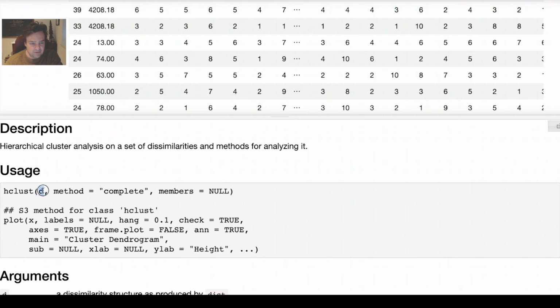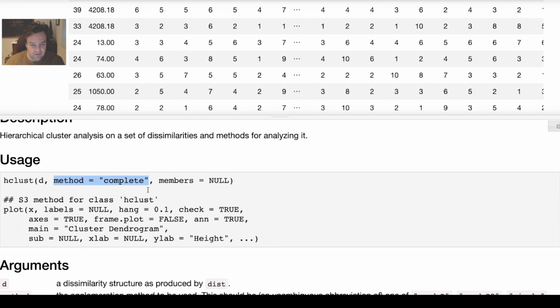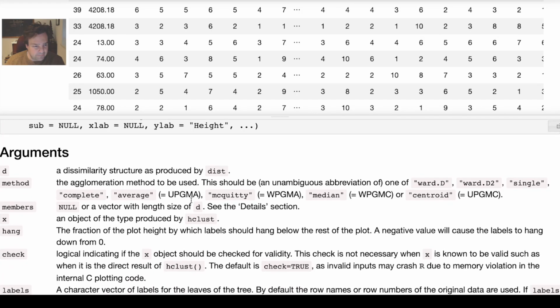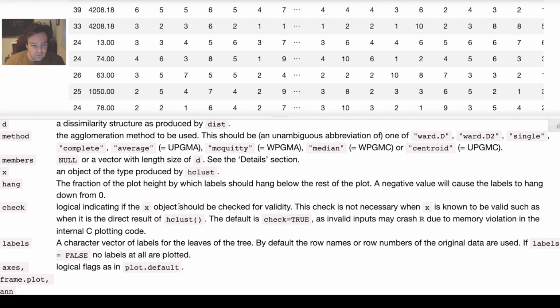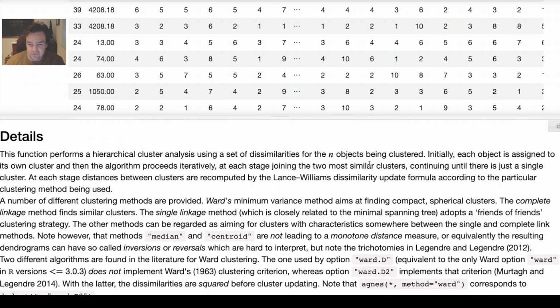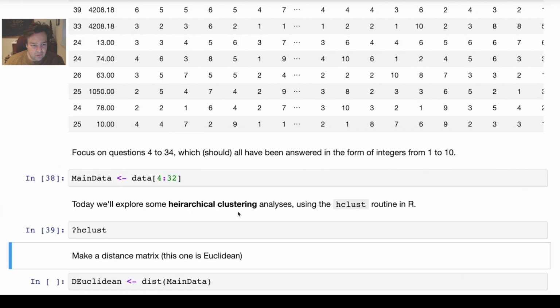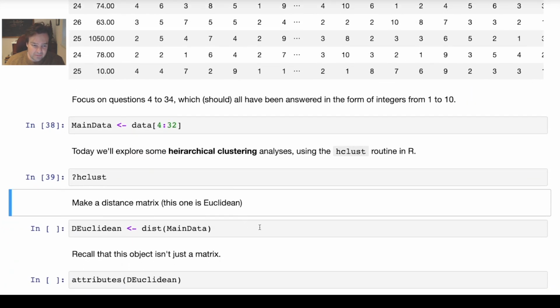So it gets D, which is a distance matrix, method, which is a parameter we'll play with today, but that we won't really explain in detail, but you'll see something interesting is going on. And then there's this other parameter here, which we won't use. So this is the help file. You should always be aware of roughly what's in here. And I will close it now, and we'll start playing around with things.